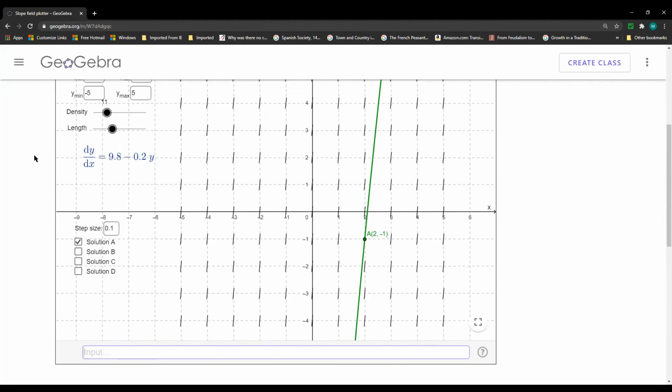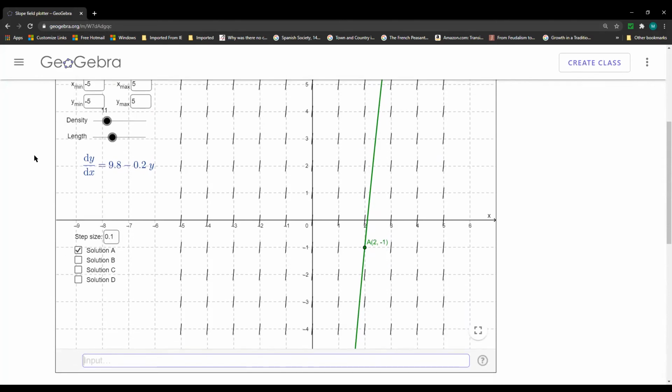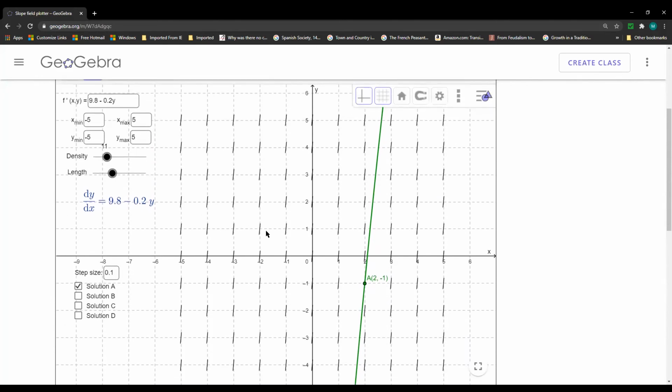Okay, so this is going to happen frequently when you use a direction field plotter. What this is showing us is that the interesting information on this function is not visible. It's not focused right now on the screen. So what we need to do is change the focus here.